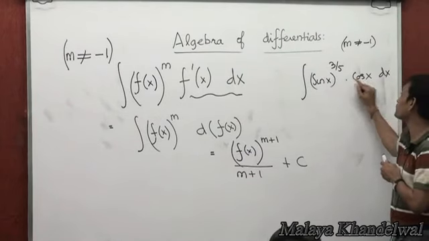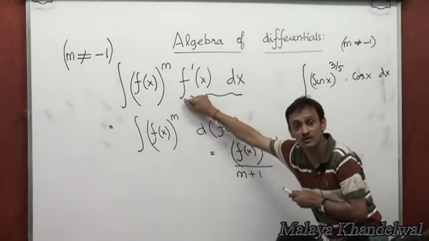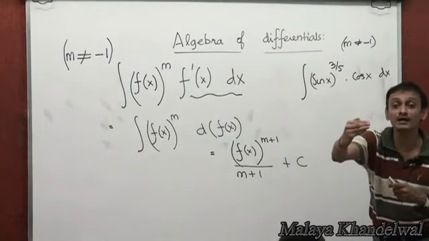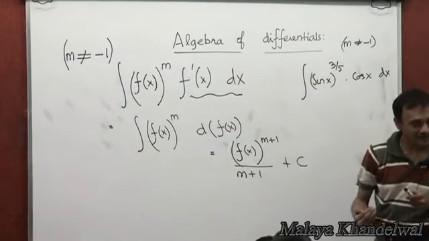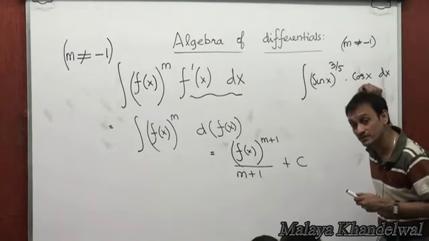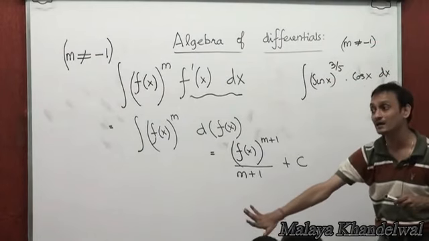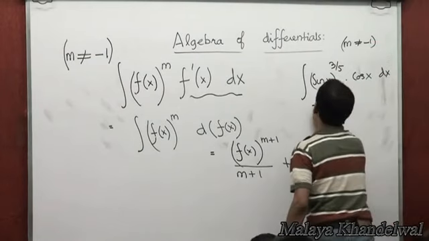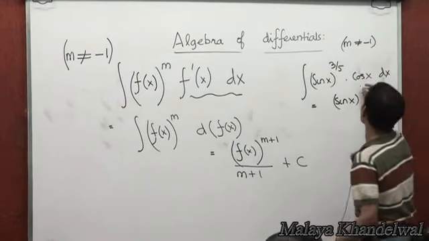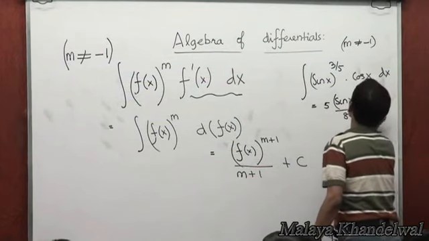So it is a function raised to a certain power into the derivative of the function. It belongs to this category. So that's going to be function to the power m plus 1 divided by m plus 1. So this is going to be sin x to the power 3 by 5 plus 1, that makes it 8 by 5, divided by 8 by 5, plus c.